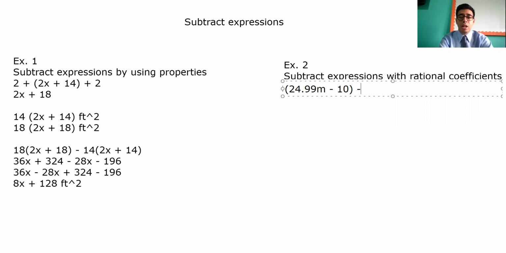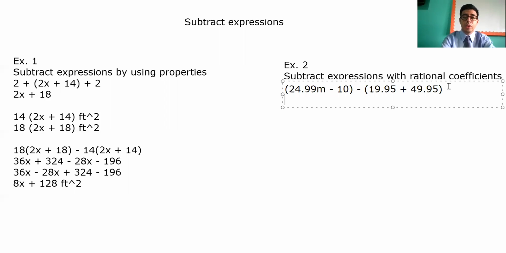Minus, because I'm subtracting, remember, for the other gym, that is CP Health Club, $19.95 plus $49.95. This is the cost that we have for each gym. Okay, the information, you have it at the right part of the book for the first gym and the second one, and we subtract.